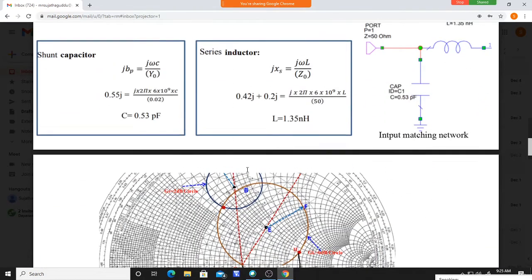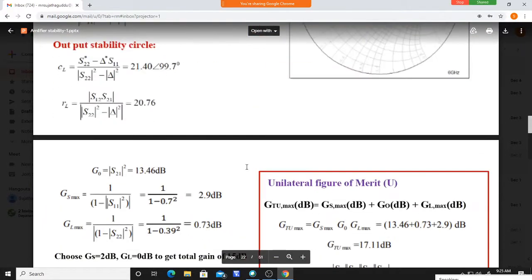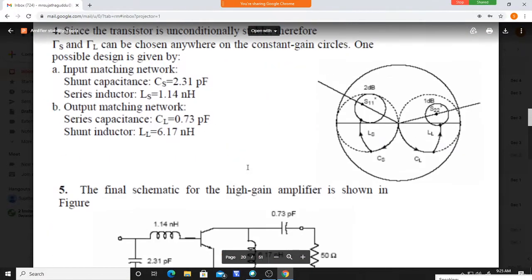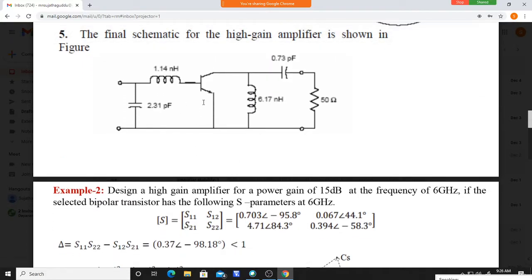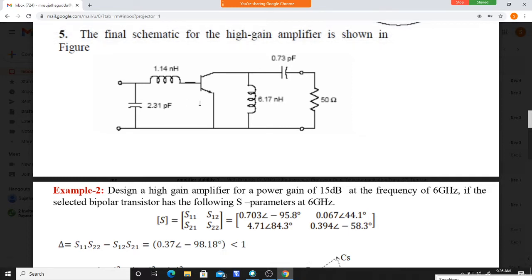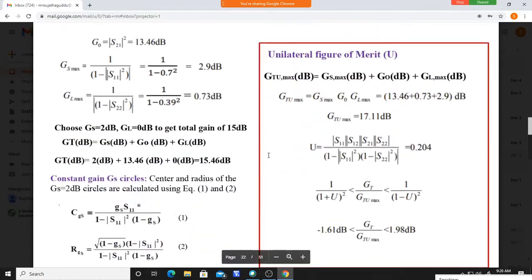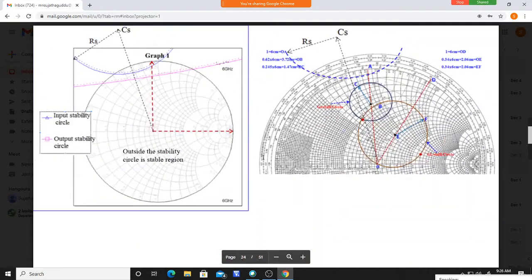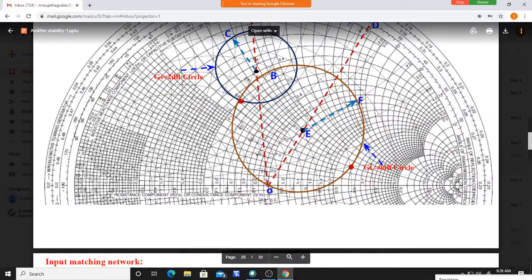Looking into the input, looking towards this direction, this is the input here, and here the 50 ohm source impedance will be there. Looking in this direction, we are choosing this as the impedance.